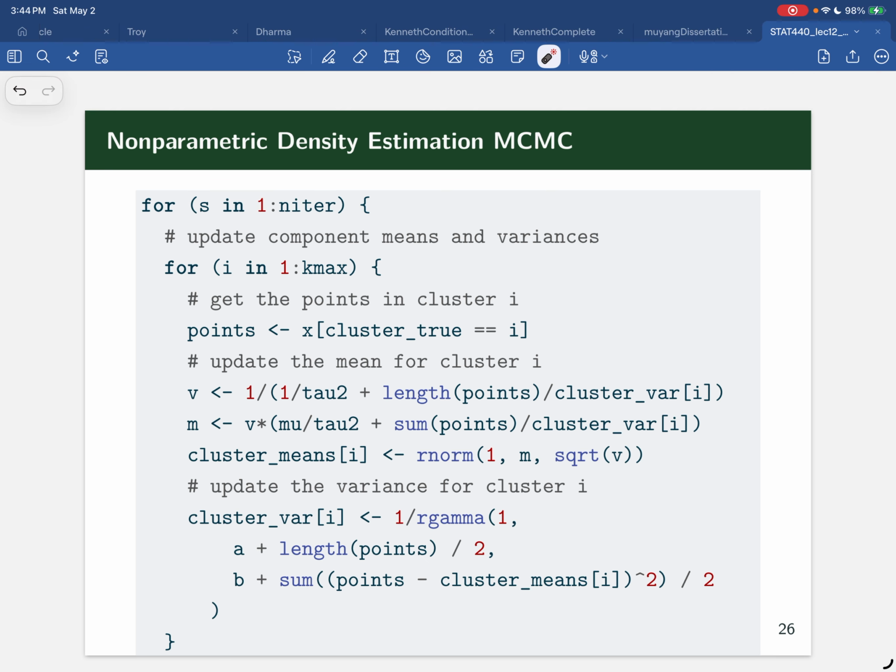So this is basically updating the parameters associated with our Gaussian bumps. To do that, we have to know which points are assigned to the Gaussian bump. Now you're saying, wait, I started off with these blue points. I don't know which points are assigned to the bumps. That happens in our Gibbs sampler.